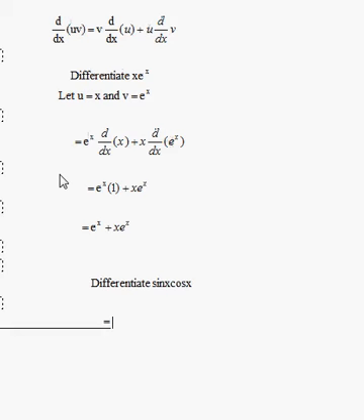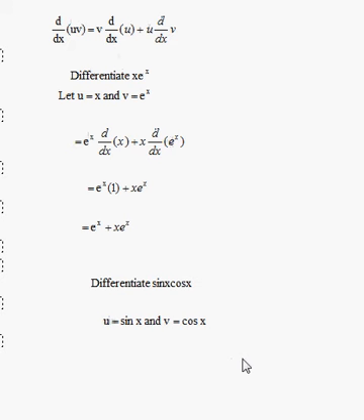We have sin x, so it doesn't really matter what you suppose as your u and v. You can also suppose cos x as your u, because these are being multiplied and added, so the order doesn't matter.